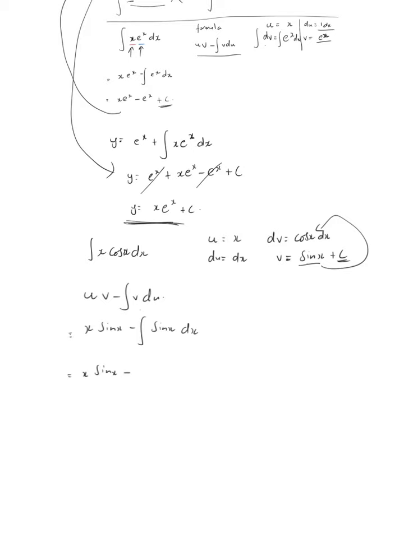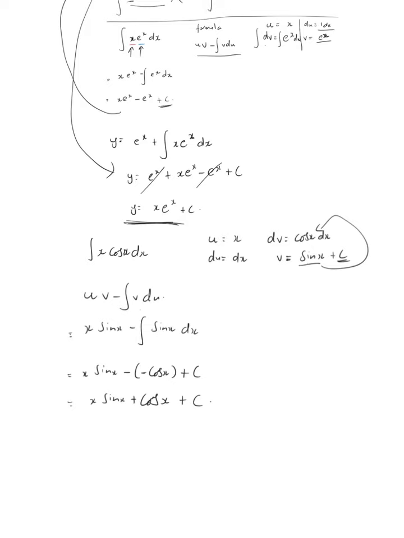Okay, now the integral of sine of x is a little bit different. You know that if you differentiate cosine, you get minus sine, right? So if you integrate sine, you should get what? Minus cosine, right? So this just becomes x sine of x plus cosine of x plus c.